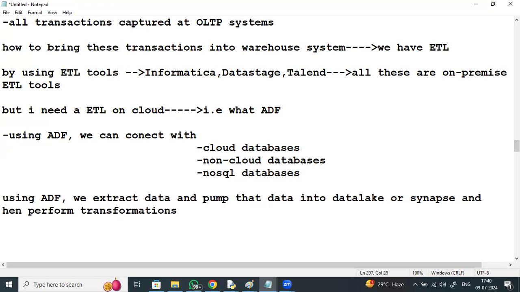Using ADF, we extract data and pump the data into a data lake or Synapse, and then perform transformations.